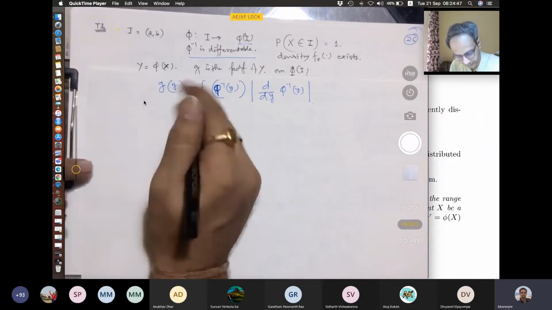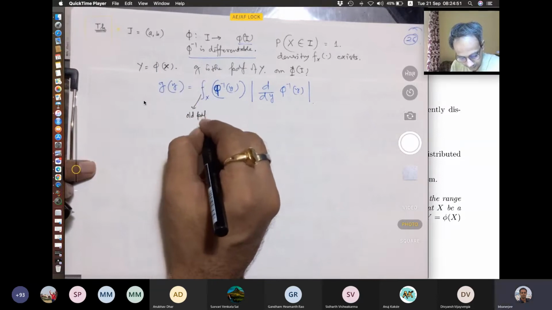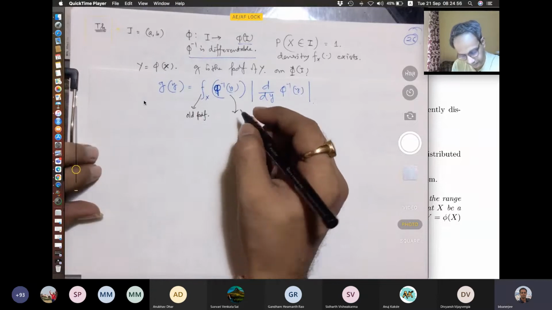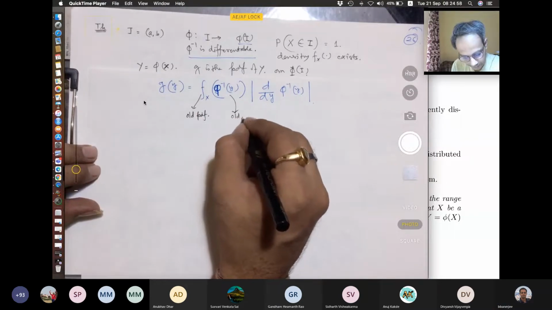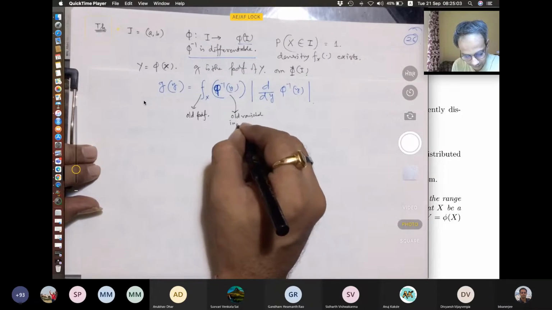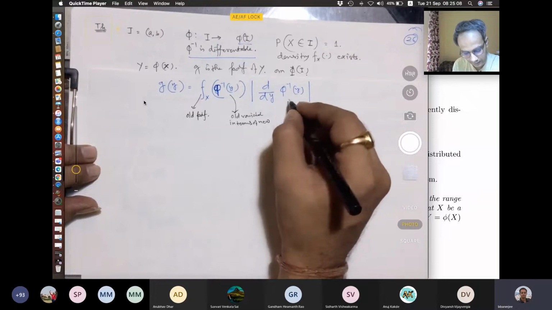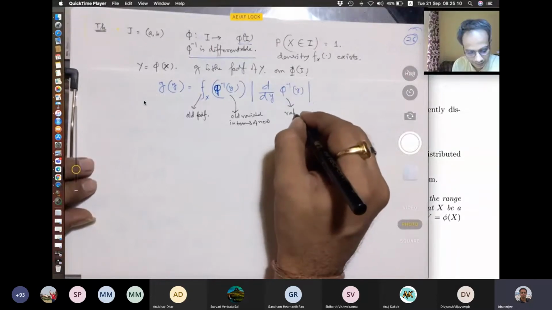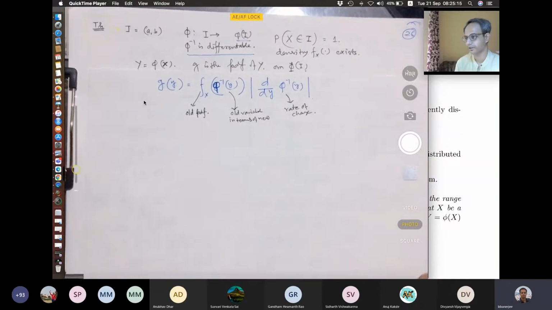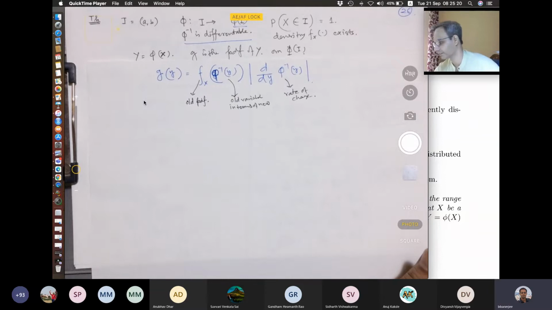This is the old PDF. This is the old variable in terms of new, and this is the rate of change. And this is how you usually do the integration.